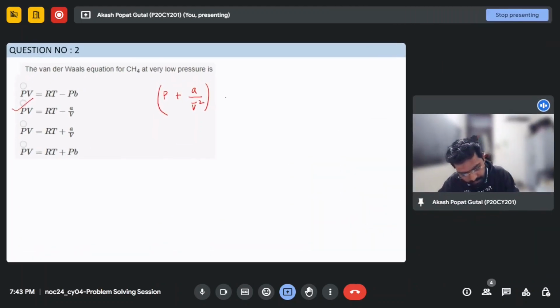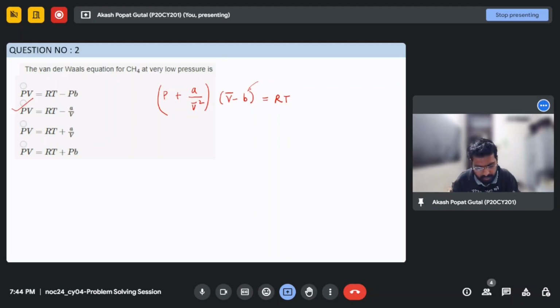So what happens is V minus b is equal to RT. This b becomes very small, negligible. You can neglect it at low pressures.